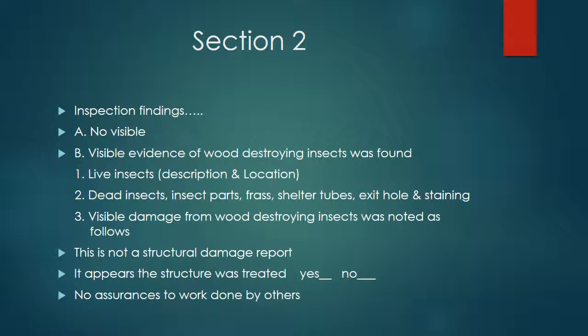You might be able to look at it and say, well, the holes are drilled 12 inches apart, as most insect labels, or termiticide labels, say, but you can't really assure them that it was done right or anything else about the treatment. So keep in mind, this is your protection that says you don't have to deal with that. They need to contact the company that did the work, or if it's unknown, they're just going to have to let it go, because there are no assurances you can give, not being the company that did the work.